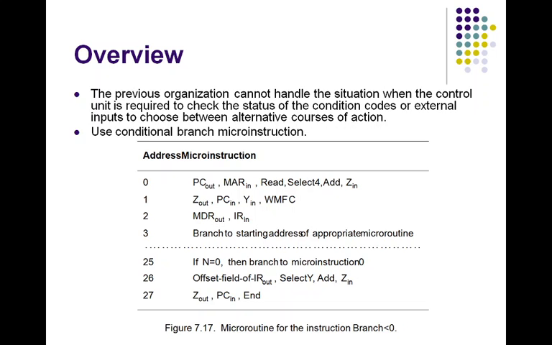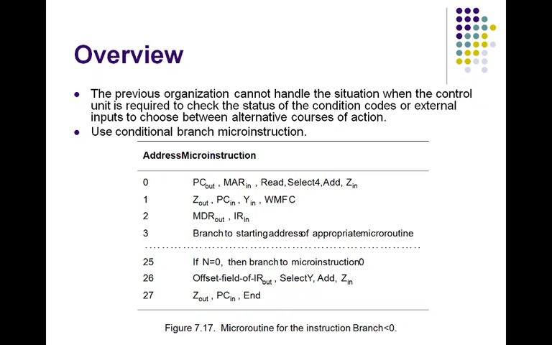Here the instruction branch less than 0 may be implemented by a microroutine such as the one shown in this figure. This figure illustrates how the instruction branch less than 0 is implemented by the microroutine.